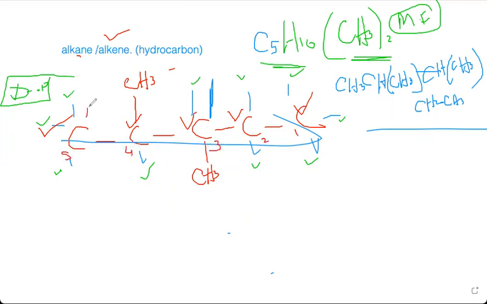It will be better if you give numbers to the carbon from the left side, because the functional group is very near from the left side. 5 carbon, pentane. Yes, this will be pentane because there are 5 carbon. But 2 methyl groups are attached, so I can write methyl.